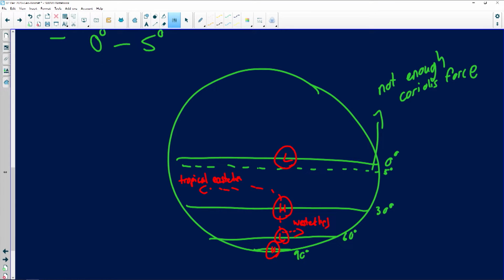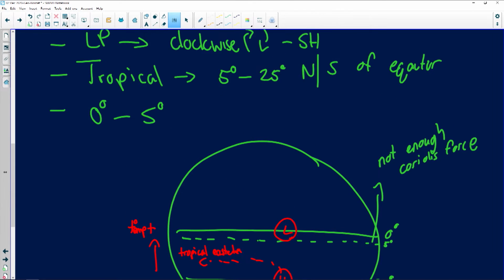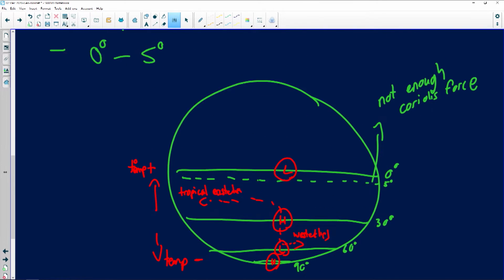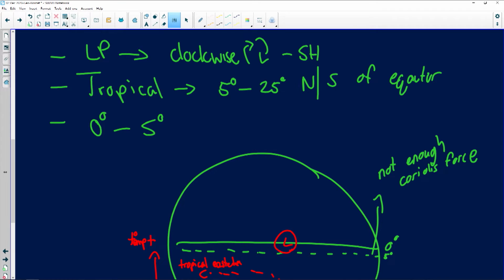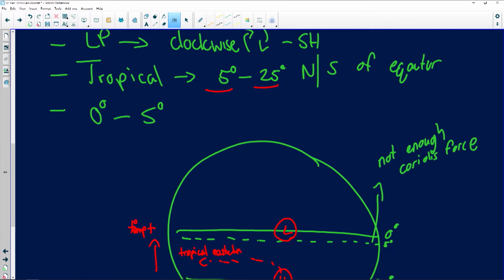Now remember, when you move to the equator, temperature increase. When you move away from the equator, temperature decrease. Okay. Now, I've mentioned, so it's in tropical regions between 5 and 25 degrees latitude.